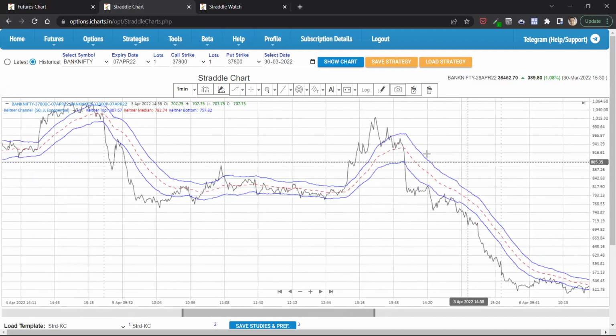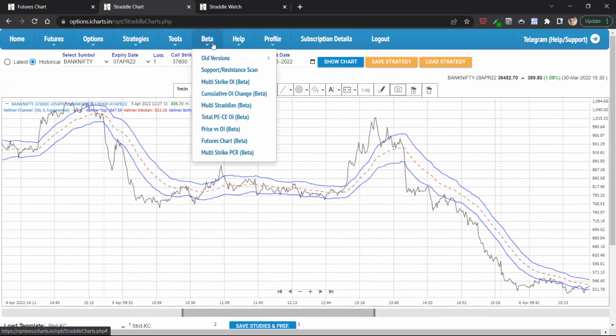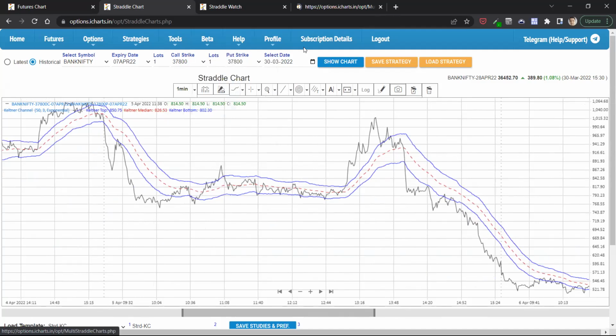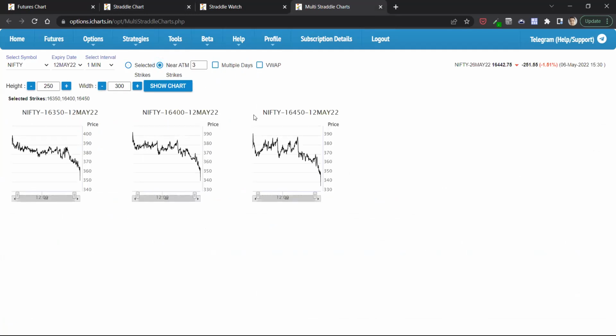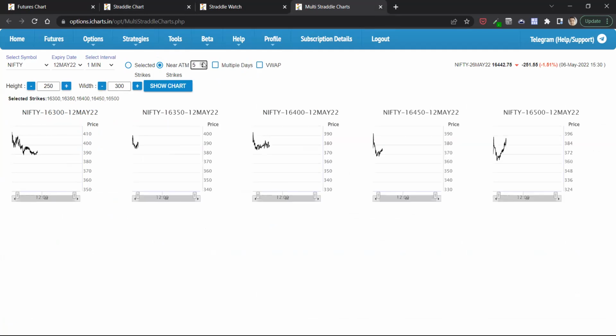Yes, Shrikant, one more question. In the beta menu, you have given straddle, multi-straddle watch, right? Yeah. Multi-straddles, okay. In this, when the market starts at 9:15, we start getting signals in the whole window, like 250 by 300 pixels width, like VWAP, whether it is crossing down or not.